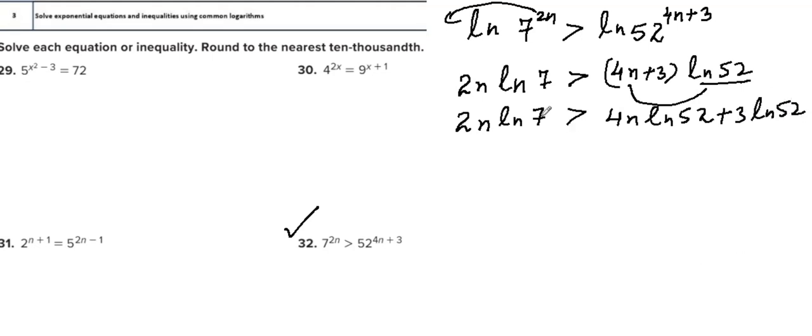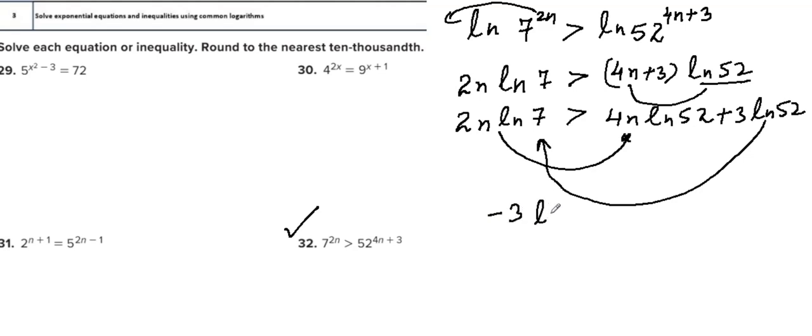Now you can take this value to this side and bring this value to the other side, because I will take the variable to one side. So this side is minus 3 log 52, the sign will change, greater than 4n log 52, and this term going to the right side will be minus 2n log 7.